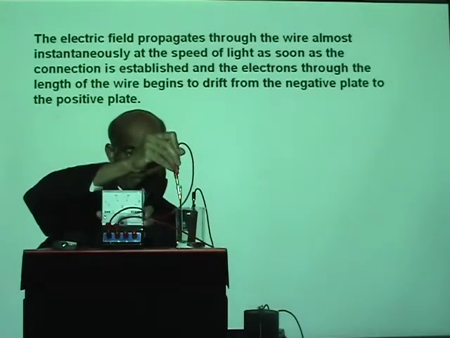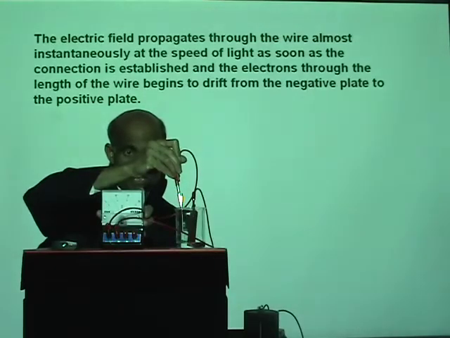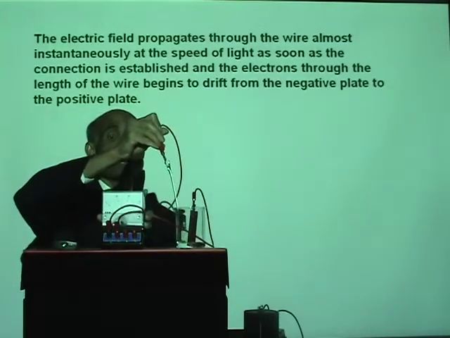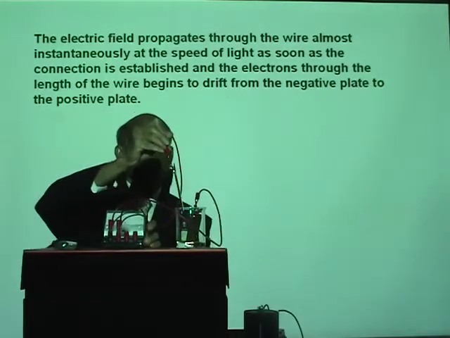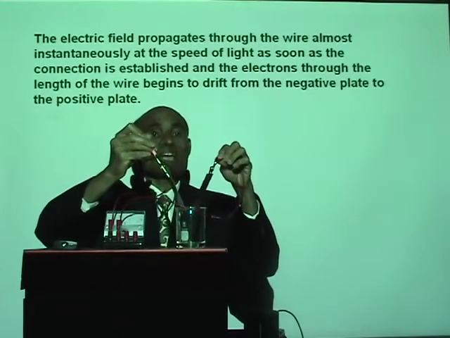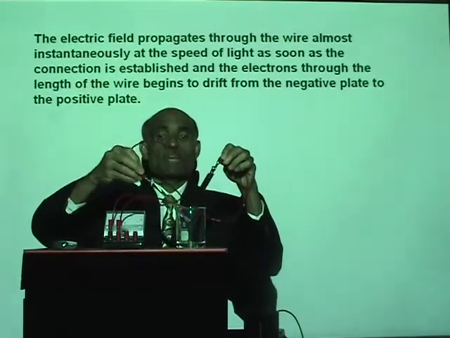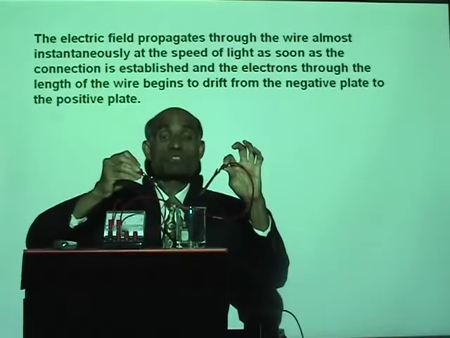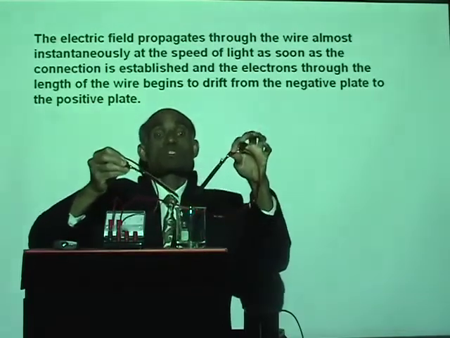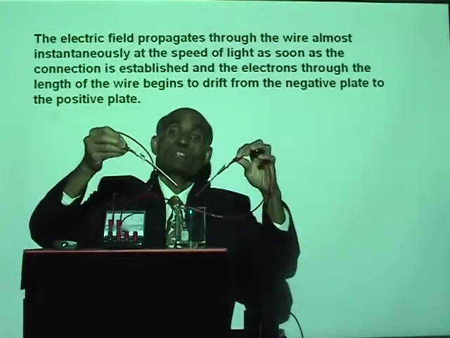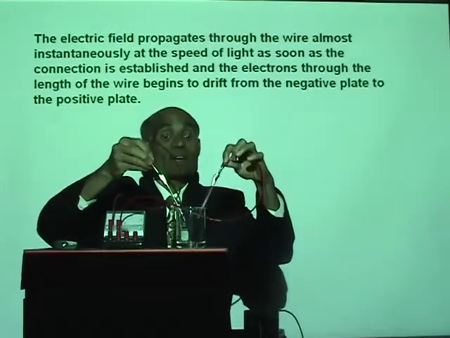Now, what the motion of the pointer indicates is the flow of electric current. What happened is, when I dipped these electrodes in dilute sulfuric acid, the chemical action between the electrodes and the solution established positive charges on the copper and negative charges on the zinc.